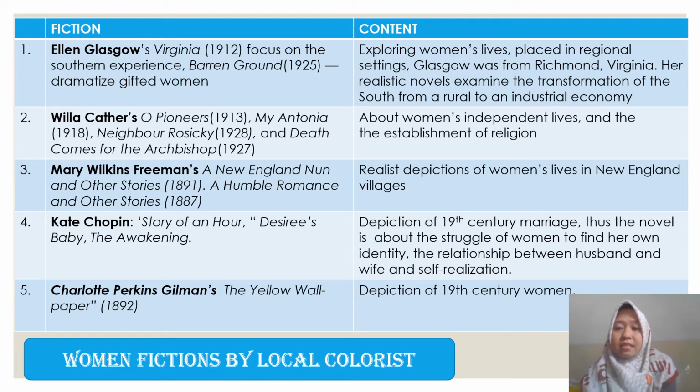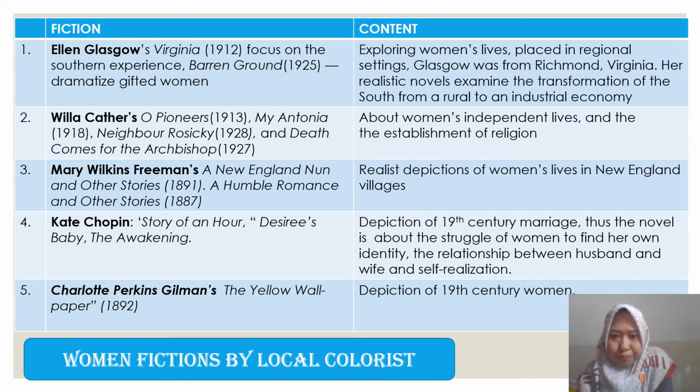Okay, besides that, there is also women's fiction written by regional authors, for example, Ellen Glasgow, Willa Cather, Mary Wilkins Freeman, Kate Chopin, and also Charlotte Perkins. These novels explore women's lives and the issues faced by women.